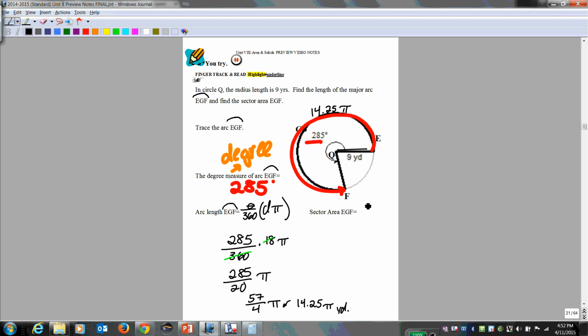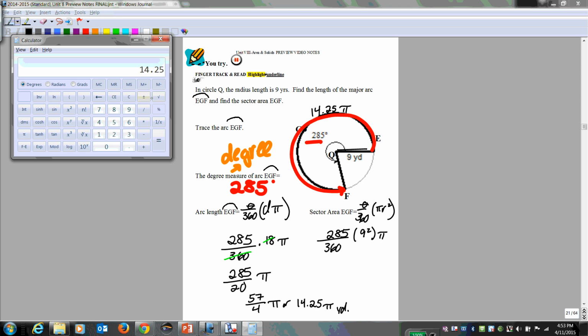Now sector area is theta over 360 times pi r squared. So our theta is 285 over 360 times 9 squared times pi. And then you reduce.